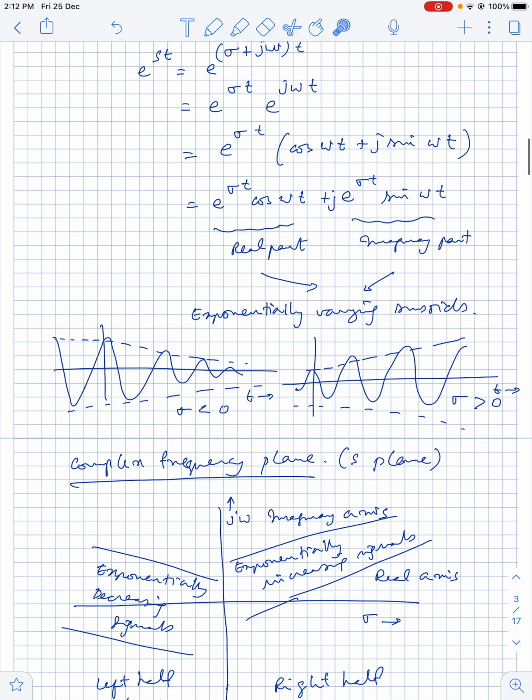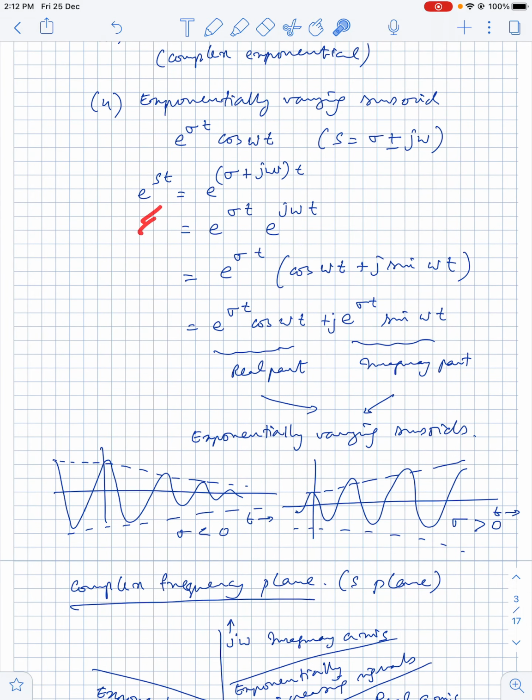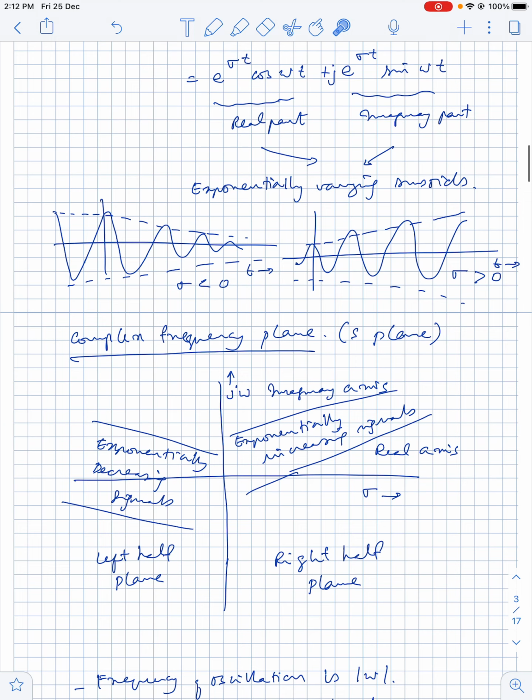Now there is a convenient way to represent e raised to st, and that is by using the complex frequency plane. This is just a two-dimensional plane where the x-axis represents the real part sigma, and the y-axis represents the j omega axis, the imaginary part.